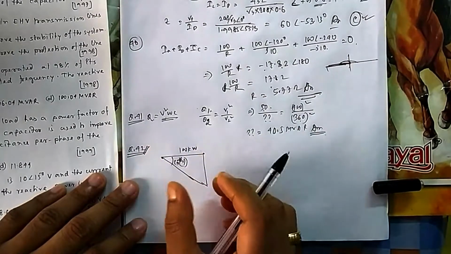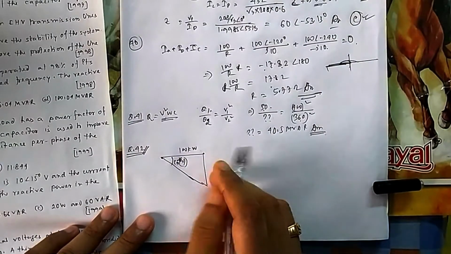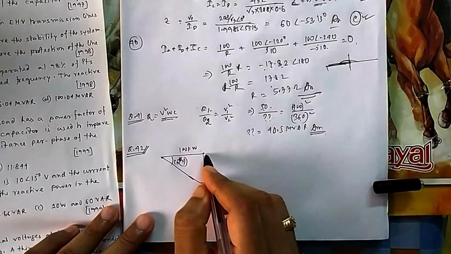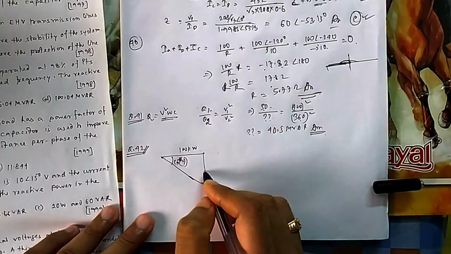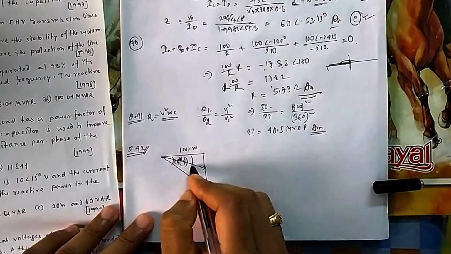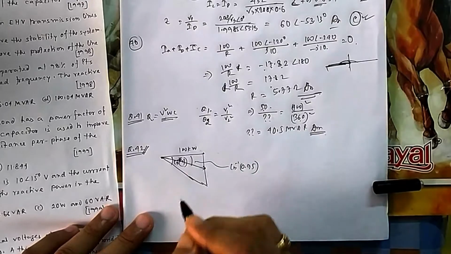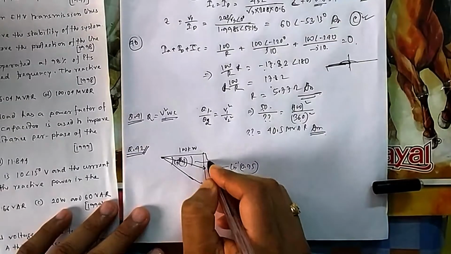So active power will remain the same. If you connect other devices like a synchronous condenser, then that also gives some reactive power, but in that case active power will also increase. Here only reactive power will reduce and your power factor will land somewhere here. So this angle is cos inverse 0.95, because we want to reduce this angle. That is the idea. So this is the new reactive power.